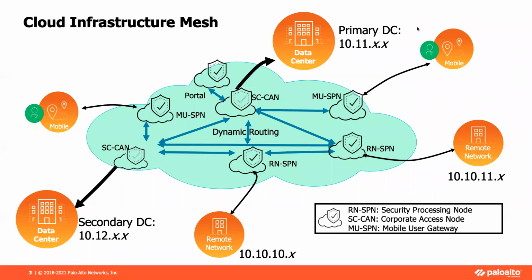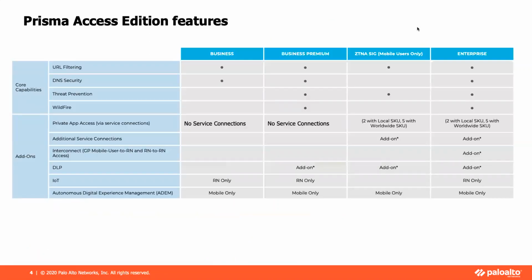Now, the options that you have for communication between users in one remote network and users in another remote network, or mobile users to a remote network, etc., or the use of a service connection to get down to a data center, all depend upon your licensing. And there's lots of different licensing models we offer these days.